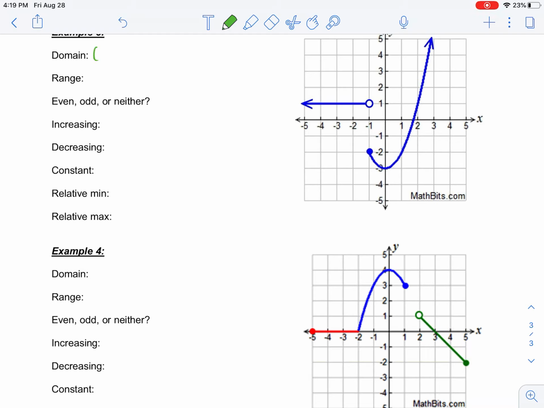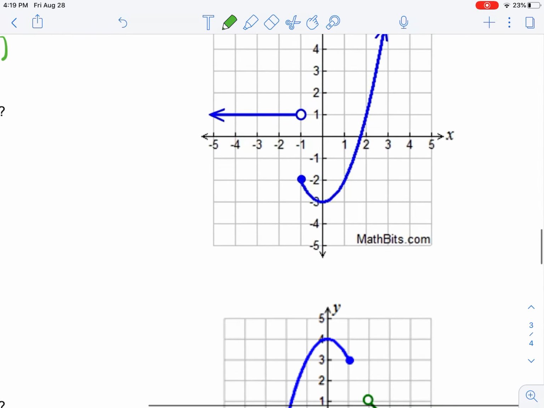All right, so this one right here, your domain is negative infinity to positive infinity. If you said that it stops at -1, realize this: it stops here, but there's a point at -1, so it technically picks back up and then keeps going to another arrow, so that's forever.